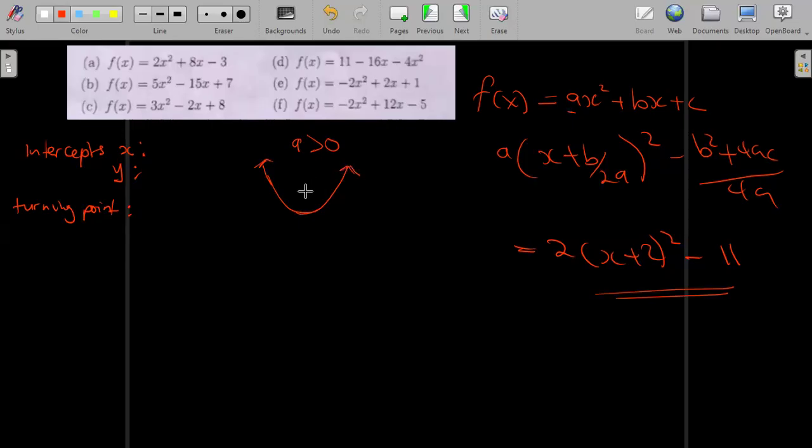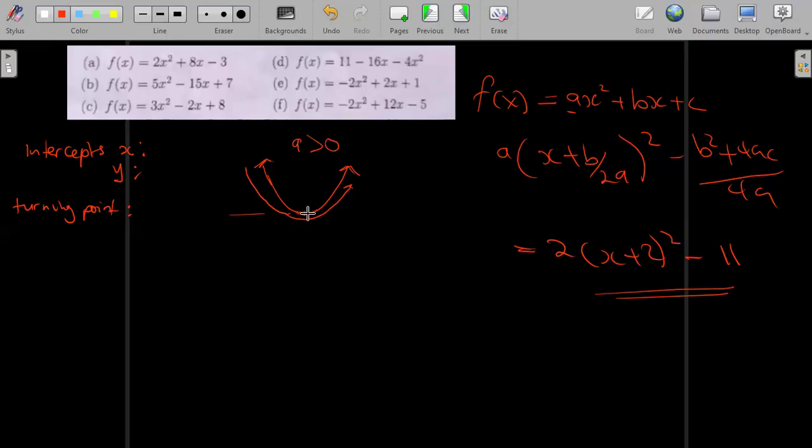Then, not only that, you can notice from this that your turning point is that point where it turns. So you see that it's going like this, then as it reaches that point, it changes direction and starts going up like that. So that point is called the turning point.